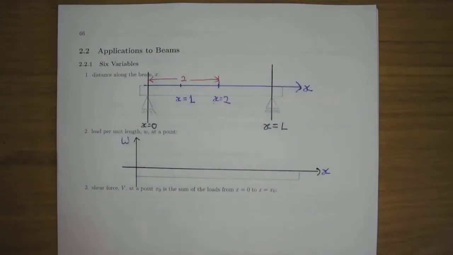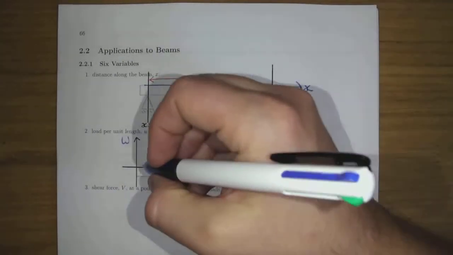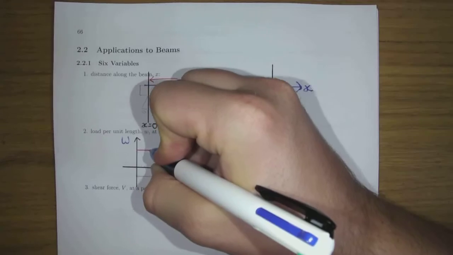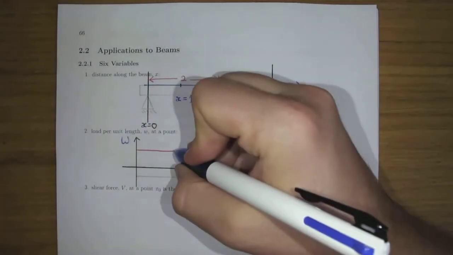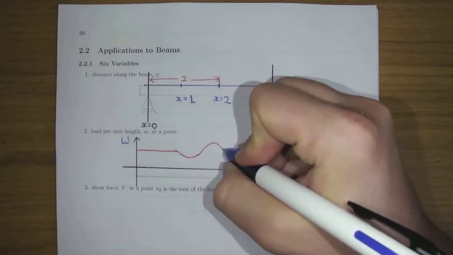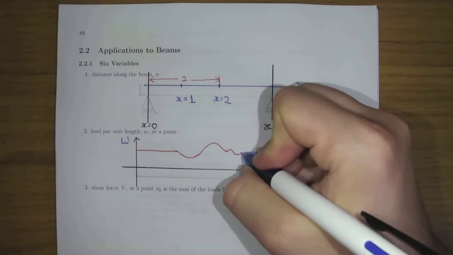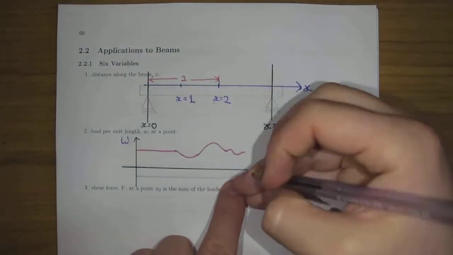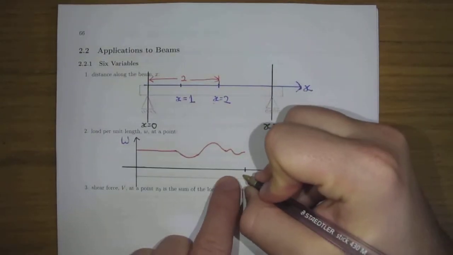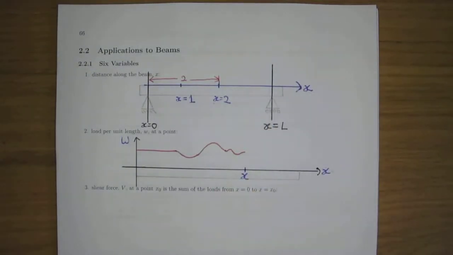So if I graph the load per unit length, you're kind of familiar with things like a UDL, but this can be defined more generally. It doesn't have to be a UDL. So say, at this point, this is a distance x along the beam.